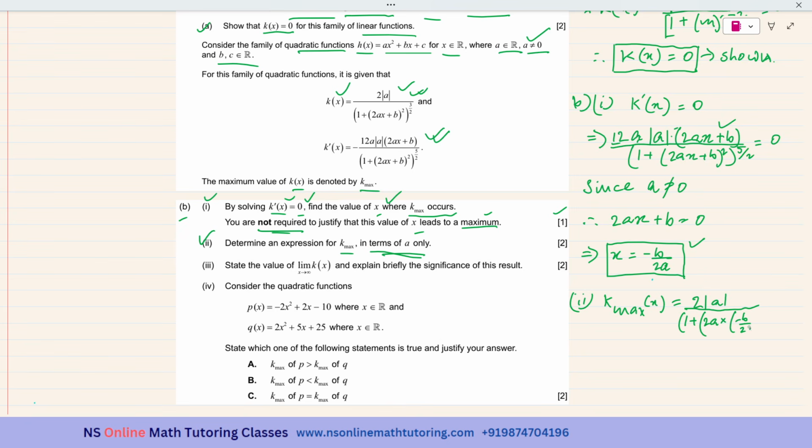So negative b over 2a plus b, this is whole square, and again this whole thing is raised to the power of 3 over 2.